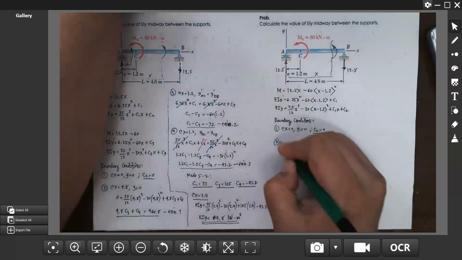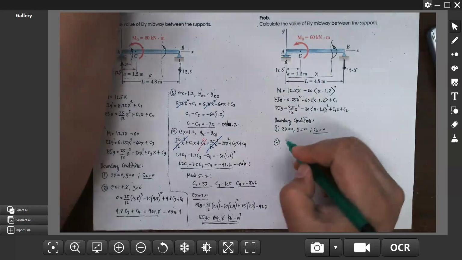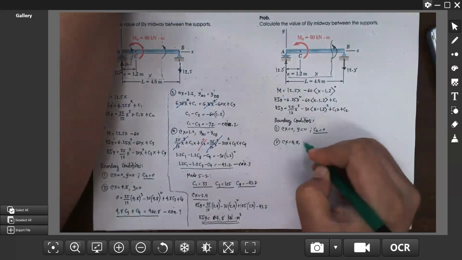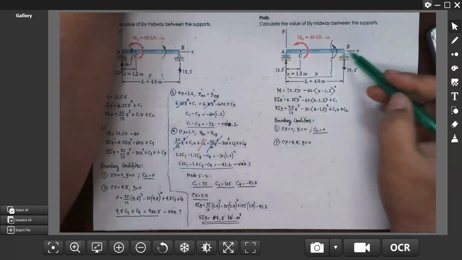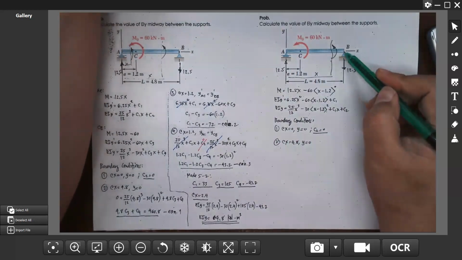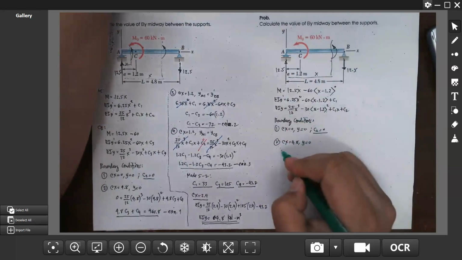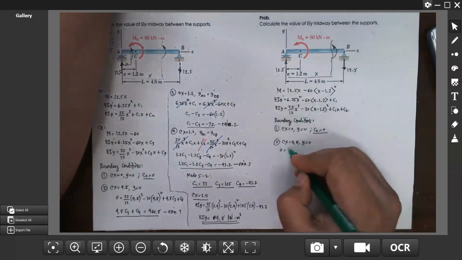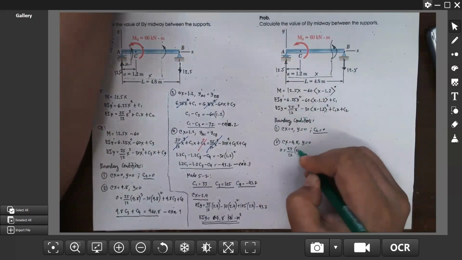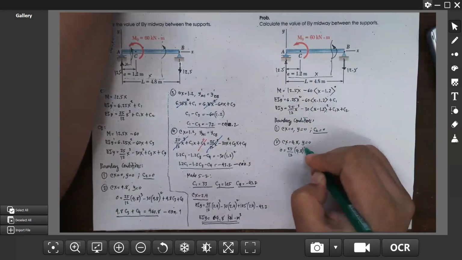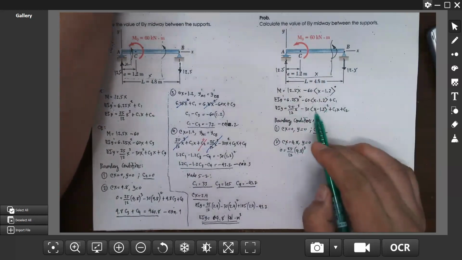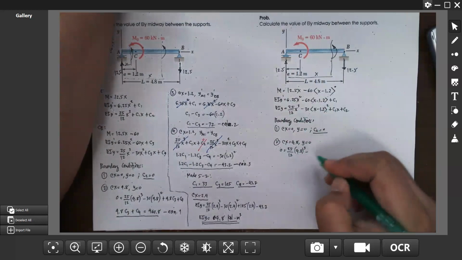And then the other condition at B, at x equal to 4.8, y equals 0. So it is 0 equals 25 over 12 times 4.8 cubed.